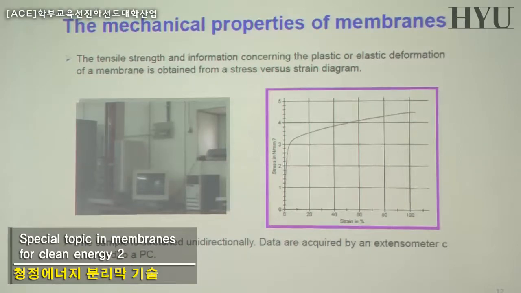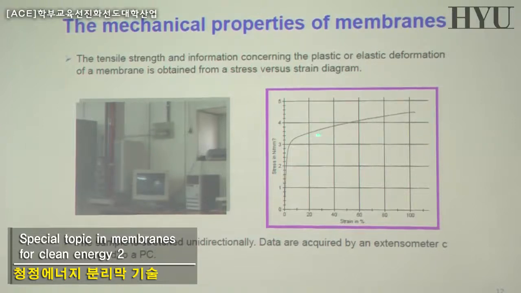You get the response, strain and stress. Of course this curve depends upon your specimen size and thickness, so you have to record your thickness as well as the width of the specimens to measure the exact elongation percentages and the tensile strength.